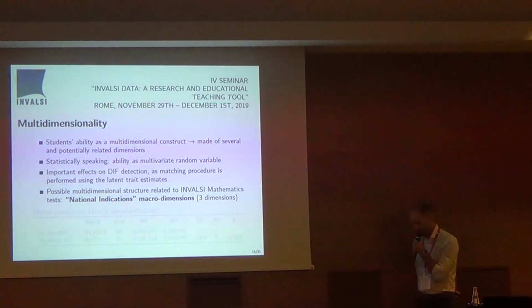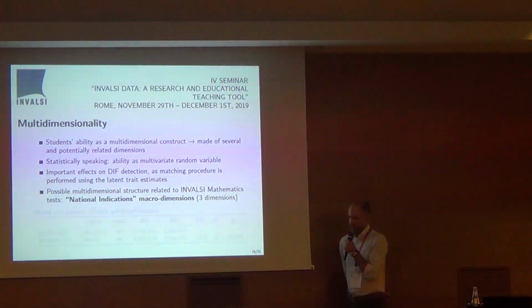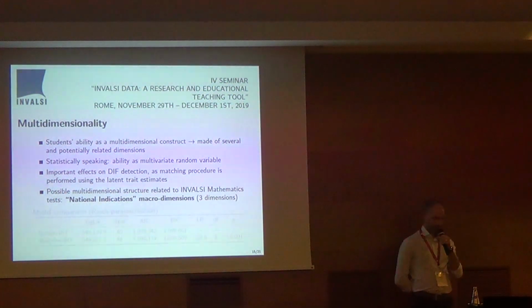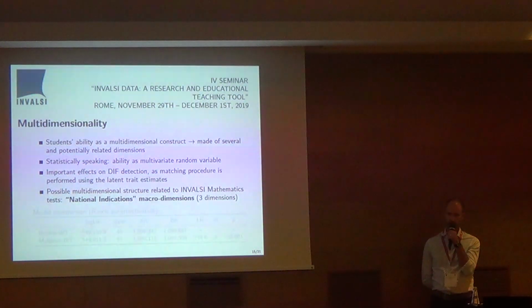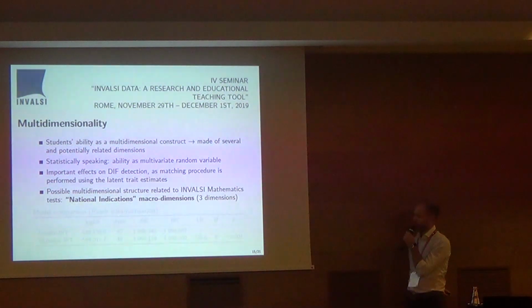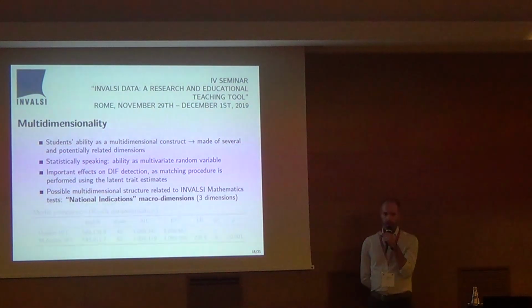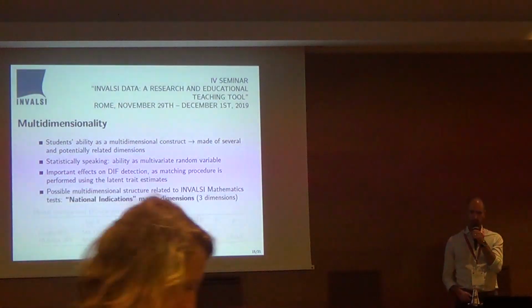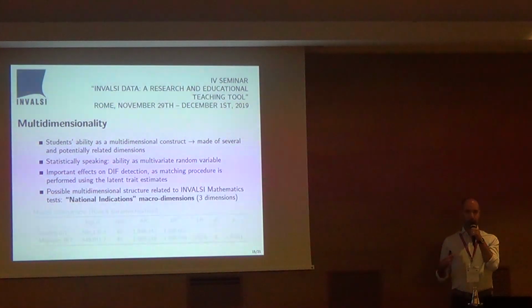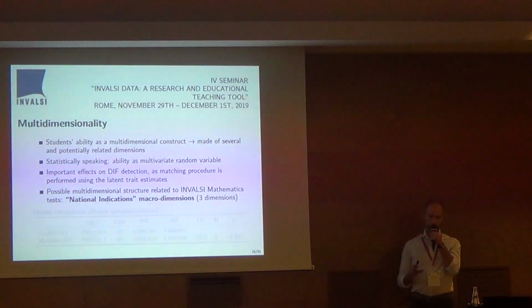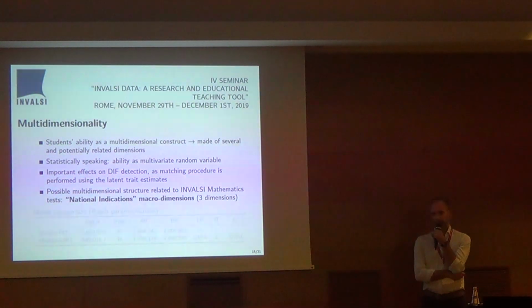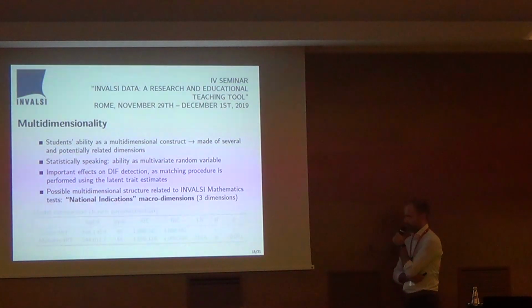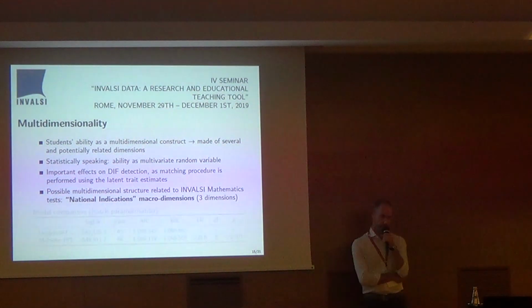And of course, this assumption has an important effect on the detection procedure, because the matching procedure is made of considering the estimate of the latent trait. So if we use a multidimensional model rather than the unidimensional model, things can change.